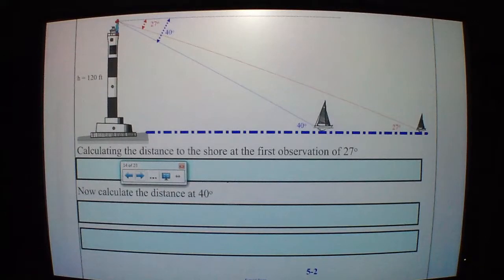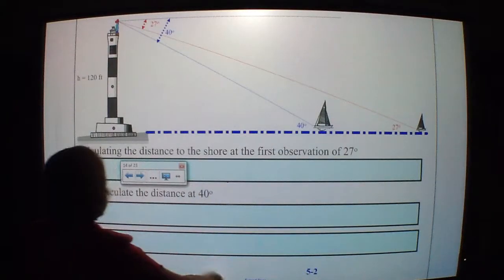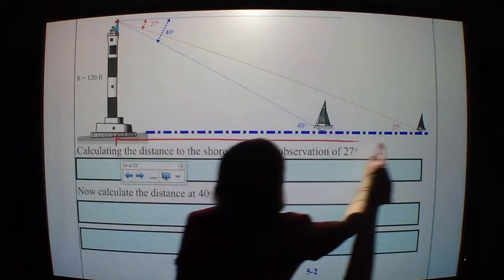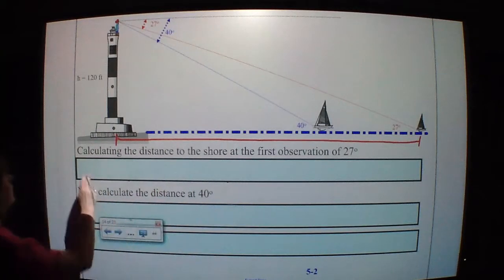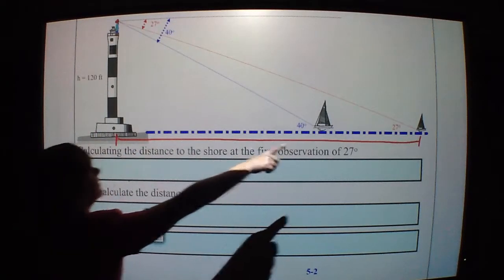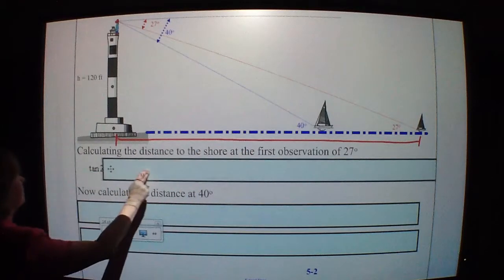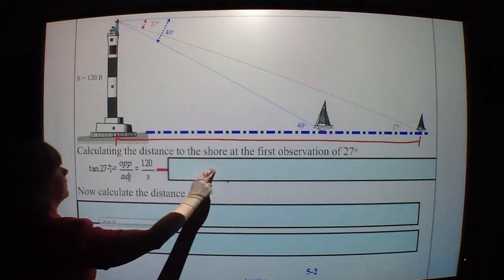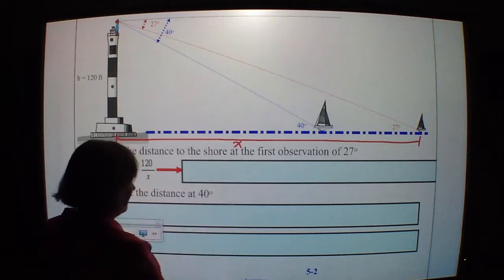So let's find the distances. Calculating the distance to the shore from the first observation, so this long line, I did it as red the first time. I said you would do tangent. So the tangent of 27 degrees is 120 over this side here. And I'm just going to call that side x. Okay?